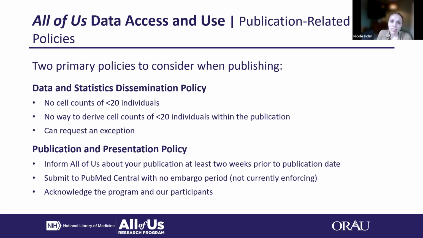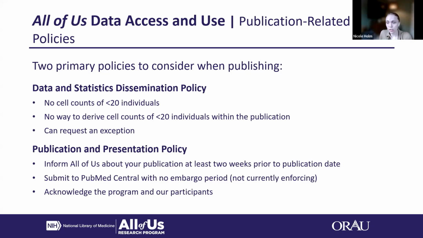If there is a reason you believe you should be able to do this and it is not as big of a concern for re-identification, you can request an exception to this policy, but that exception must be submitted and approved by our Resource Access Board before you submit anything for publication or otherwise share the product in any way.